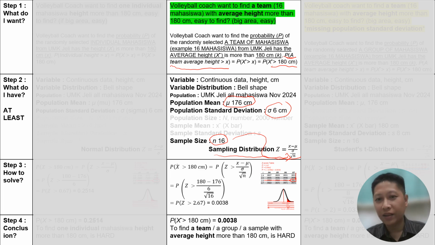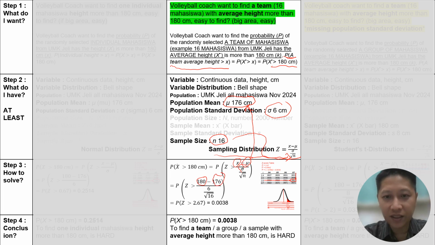So we're going to plug in. The X is what we want. We want the team to be more than 180 cm, so we write 180 cm. The mu is the population average, population mean, 176.